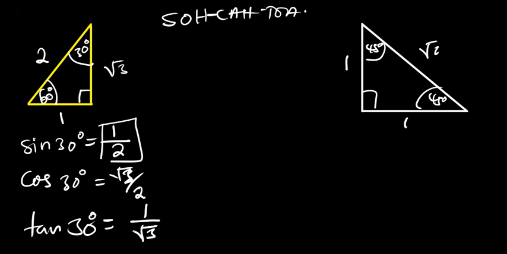At this point, guys, I can leave it like this as my answer, but in most cases we don't want to have the root in the denominator. So you can rationalize the denominator by multiplying both sides by root of 3.